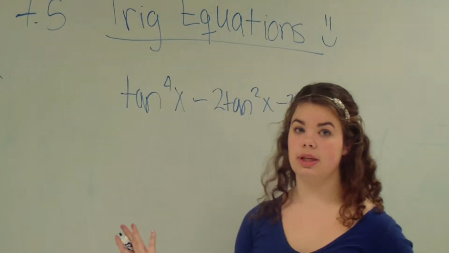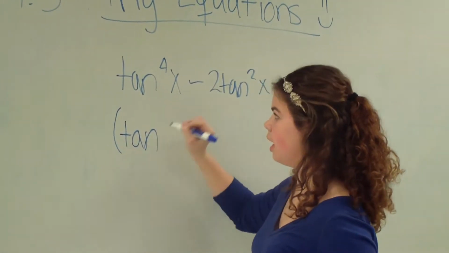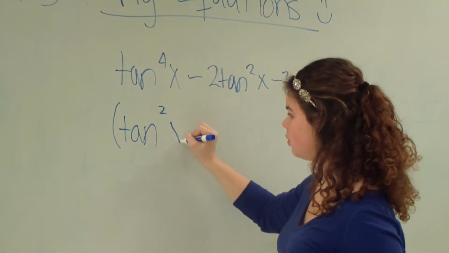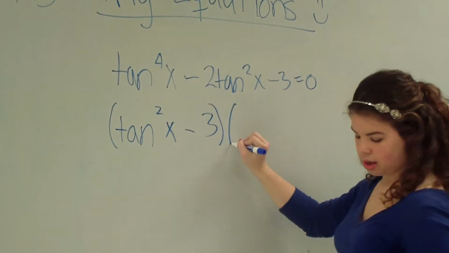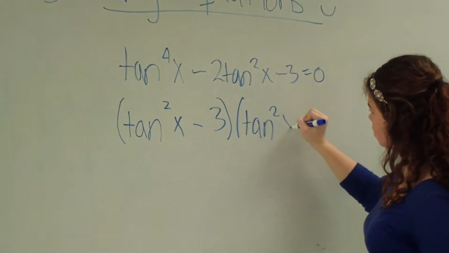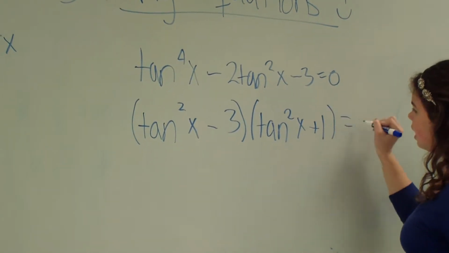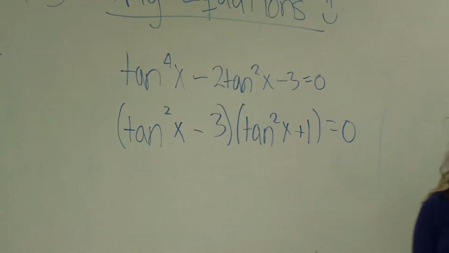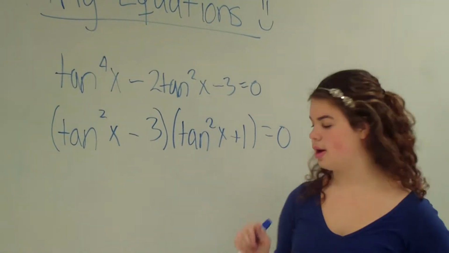So it's really no different. What you're going to do now is factor, so we're going to have tangent squared x minus 3 times tangent squared x plus 1 equals 0.